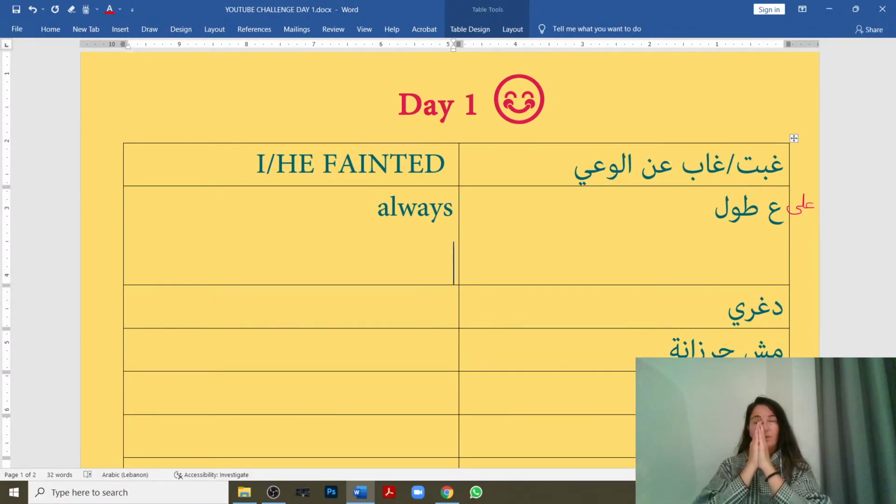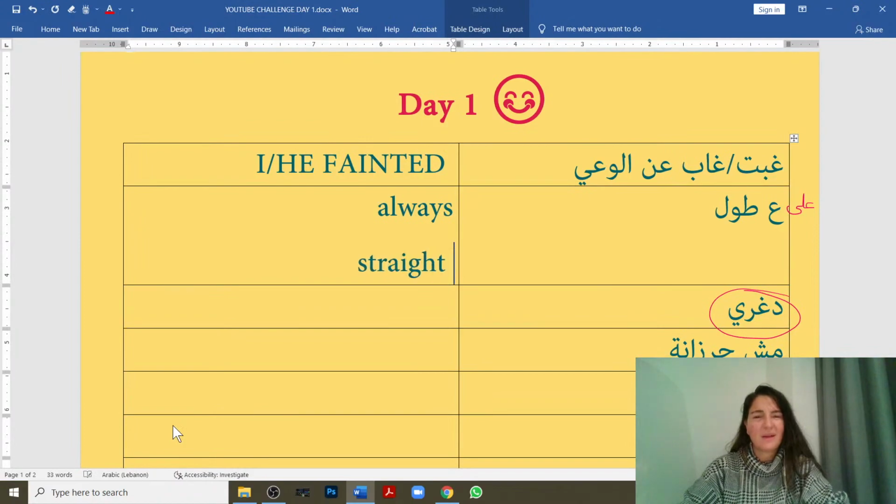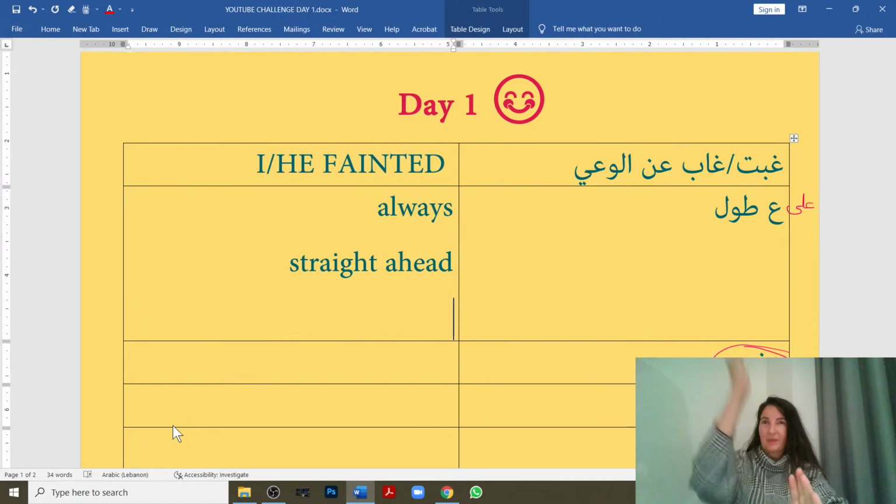Or you can say روح دغري. That's why I also just wrote the word دغري. So عطول or على طول means straight ahead, as you say in English. Go straight, basically.